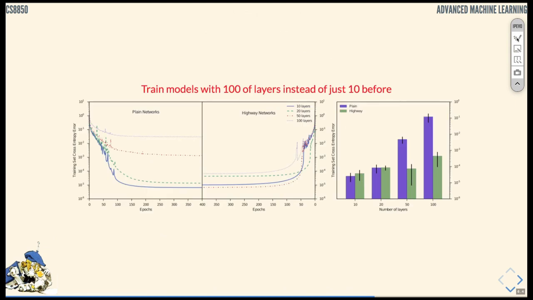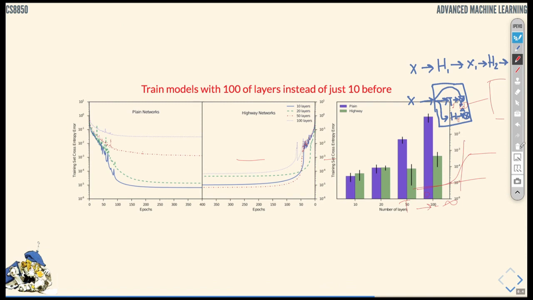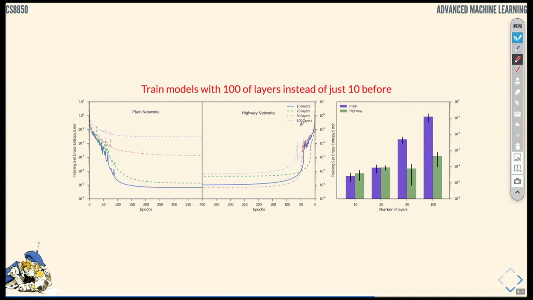were the results good? The networks that they trained using traditional layers and highway layers were of depth 10, 20, 50, and 100. Plain networks, right here, would train increasingly poorly with depth. So this is the shallowest network, 10, 20, 50, and 100.